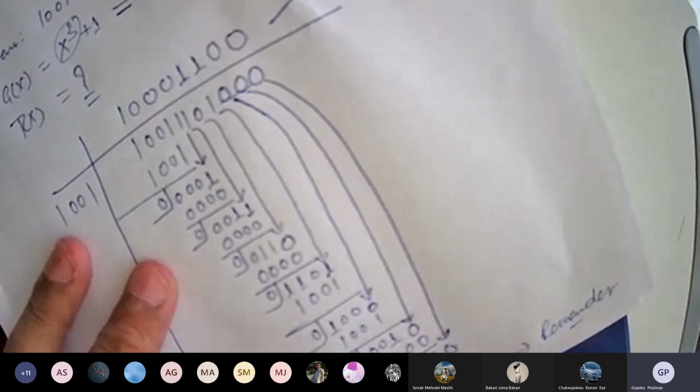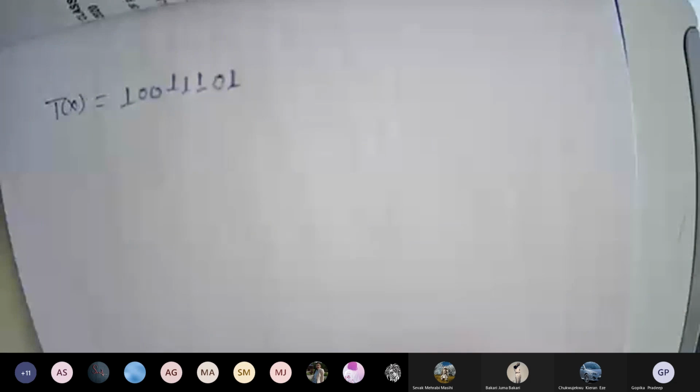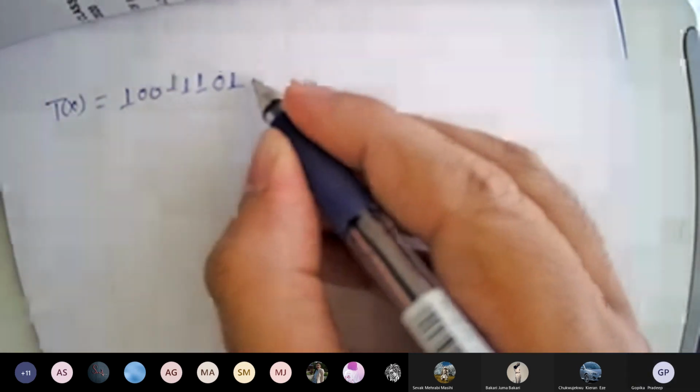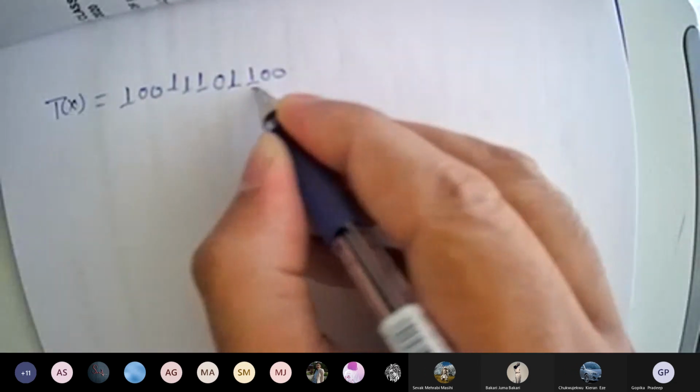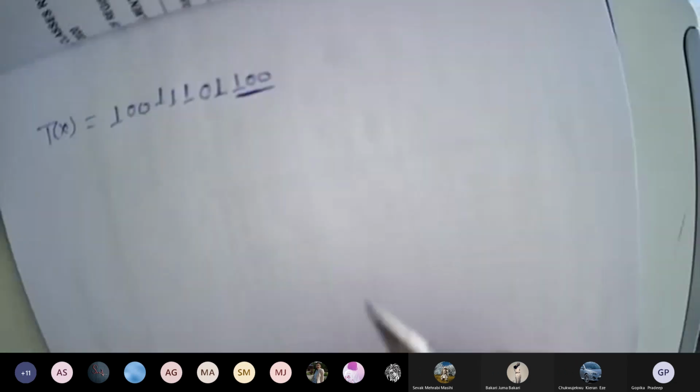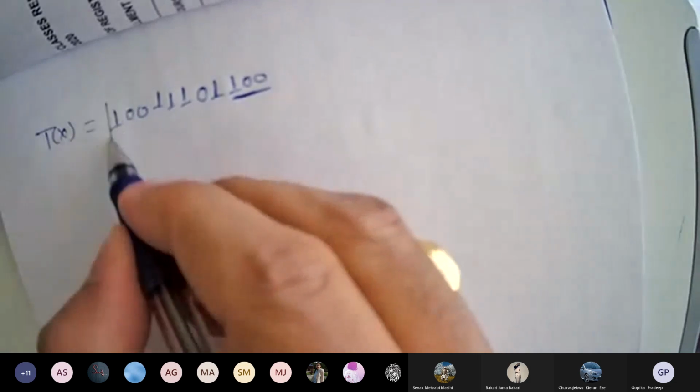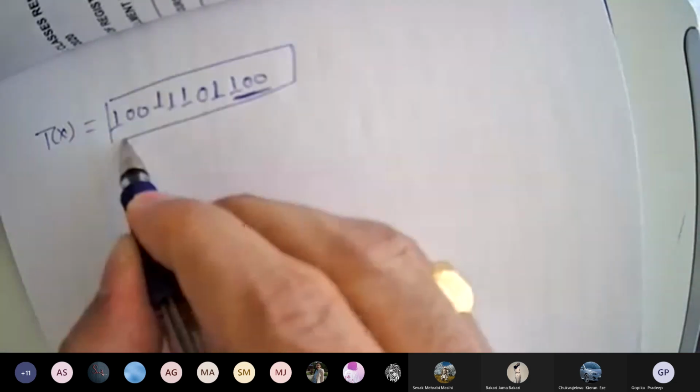You add it with the remainder. You will be adding it in this. So add it here. 100 you have added. So this bit stream will be transmitted on the network.